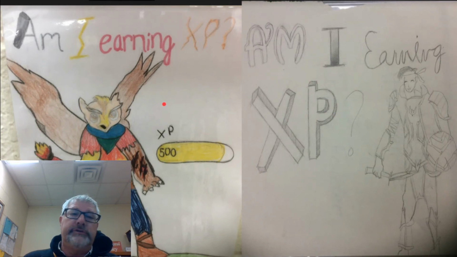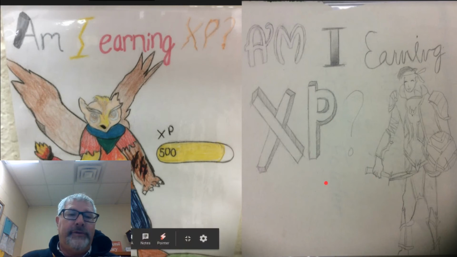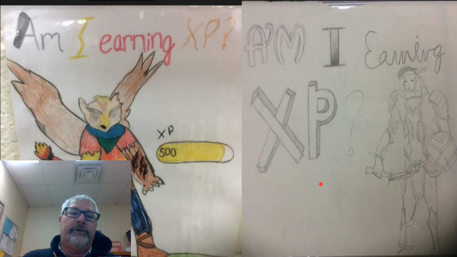Two of the students, to promote their team, decided on their own they're going to make a poster, and they did. "Am I earning XP?" to try to remind the other students on their team that this is important to them, that they behave in a way that earns them extra experience points.